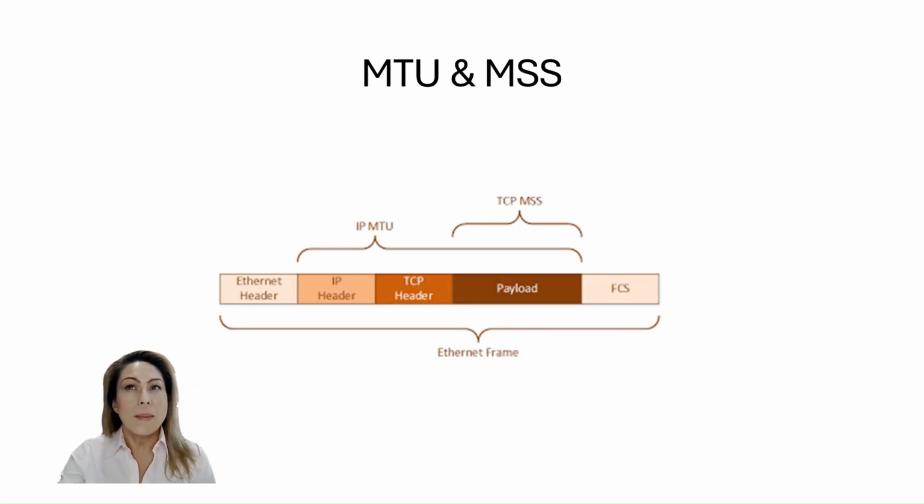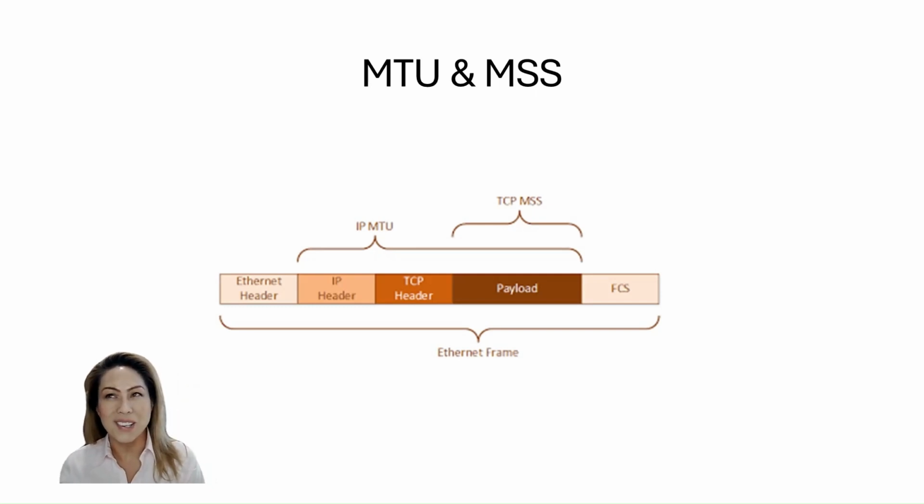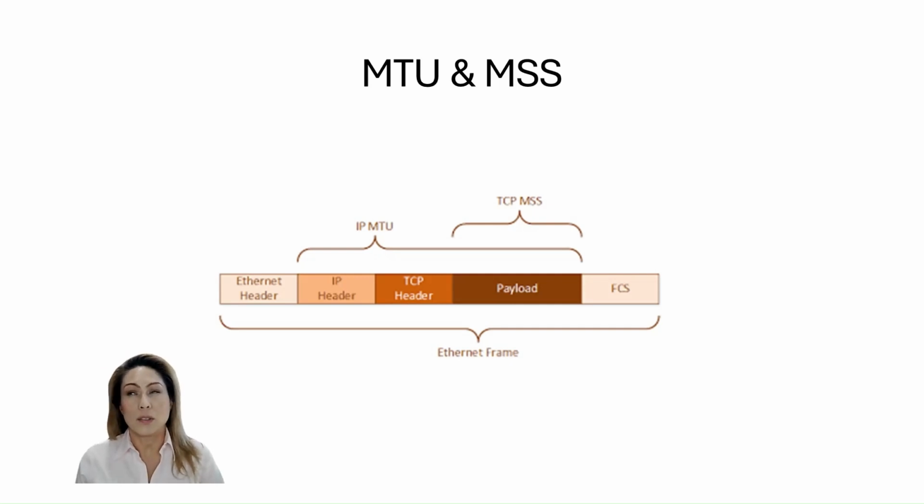The MSS value is negotiated during the TCP handshake process between two hosts, and it represents the largest amount of payload data that can be sent in a TCP segment without fragmentation. That's because of the header size and the encapsulation overhead. The MSS value optimizes TCP performance and avoids packet fragmentation, so it ensures that the TCP segments can be transmitted efficiently over the network without being divided into smaller pieces.